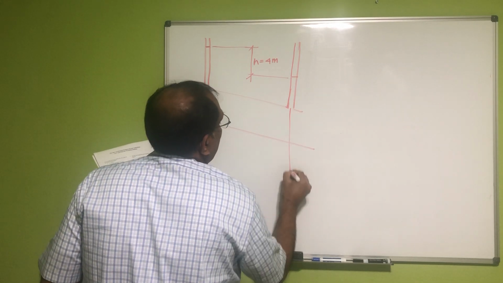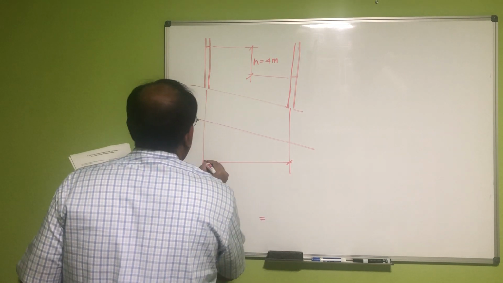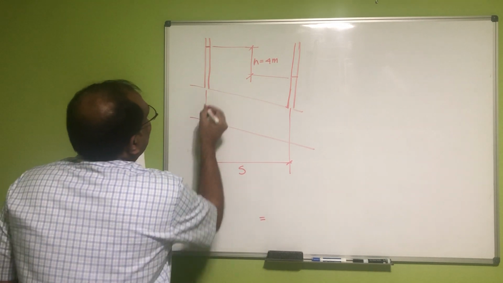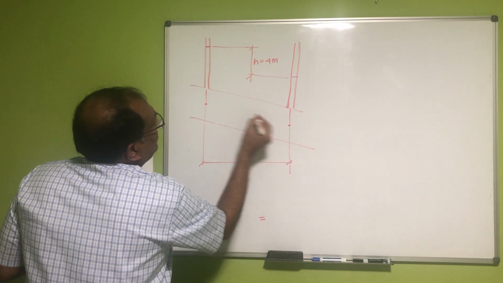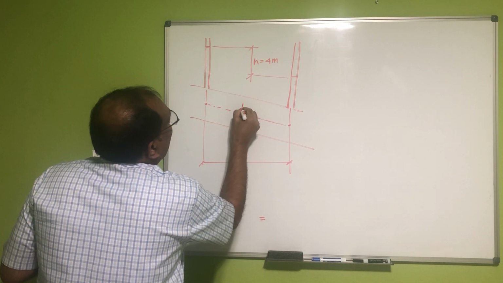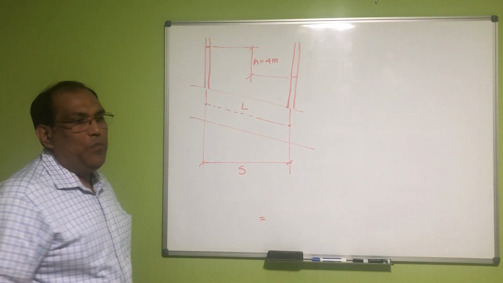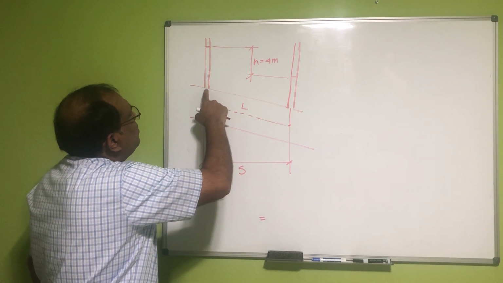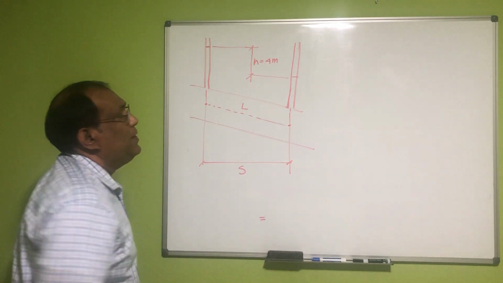The distance from these two is S. So the distance from here to here is actually your L, because your hydraulic head difference is from this point, and this is the distance from this point to this point.